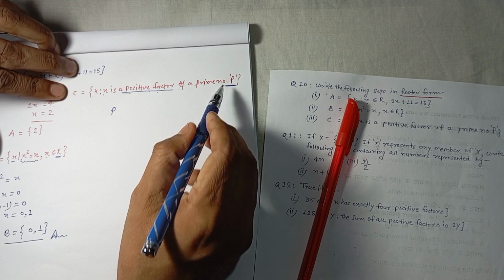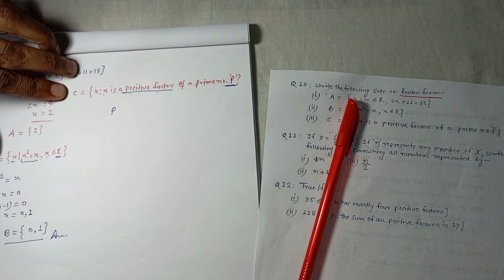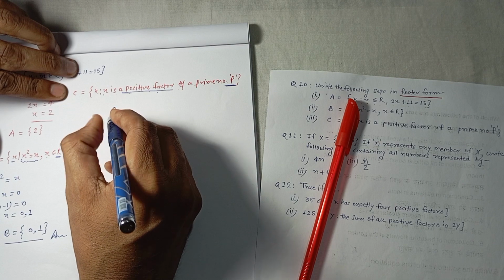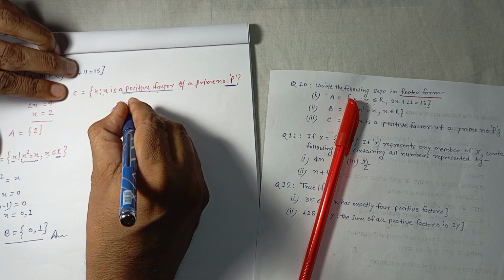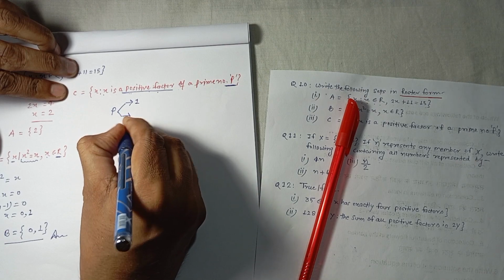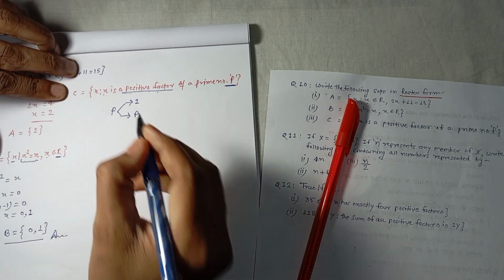Prime number P. What do you mean by prime number? Prime numbers are the numbers which are divisible by 1 or itself. So if P is a prime number, it means that it has only two factors. One is the number 1 and the other is the number P itself.